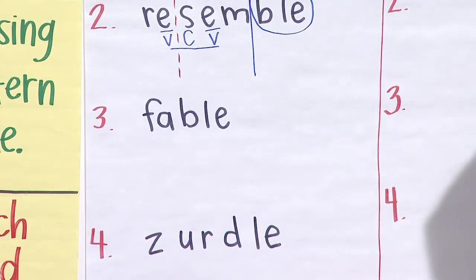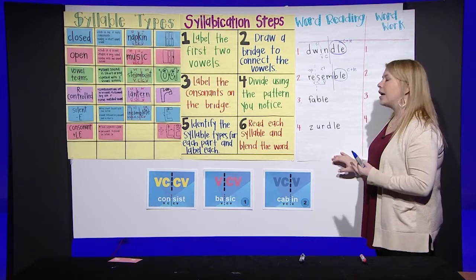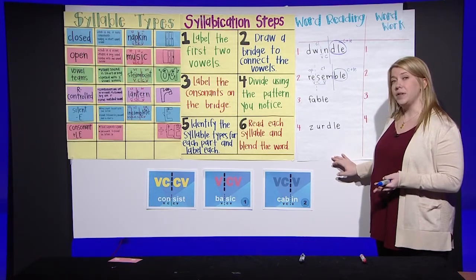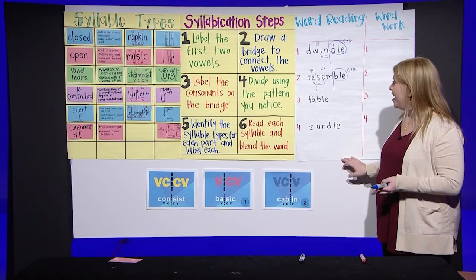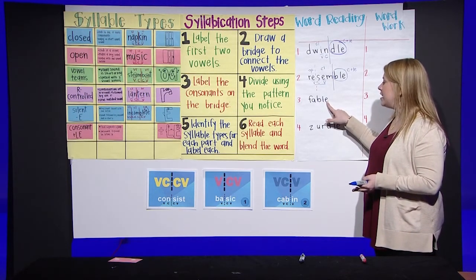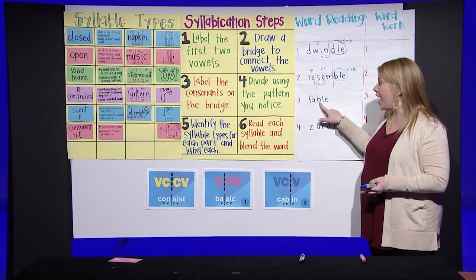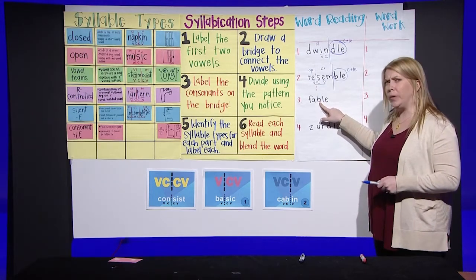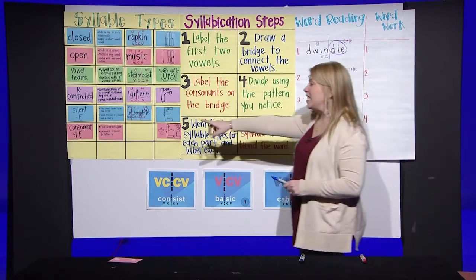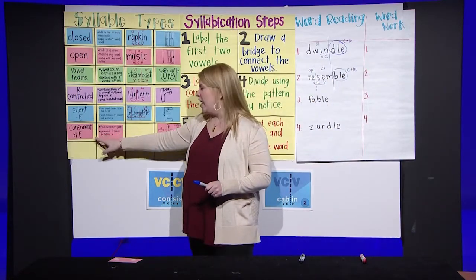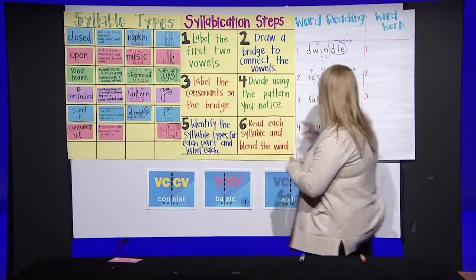All right. Let's start by looking at our whole word and what we notice. That's right. You see an L-E at the end, and right before that you see a consonant. And what did we just learn? Yes, that's a consonant L-E syllable, the final separate syllable at the end.